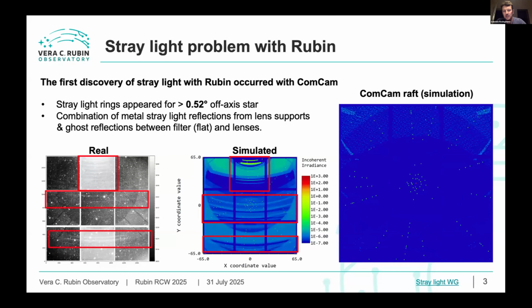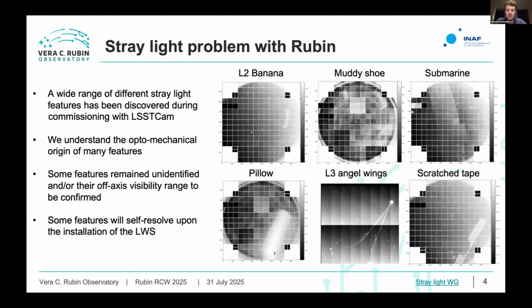Of course, now having a much wider field of view instrument, we see a wider collection of artifacts related to stray light. Here I have reported a few of them, not a complete list, but the most prominent or most peculiar that we have been observing and studying.